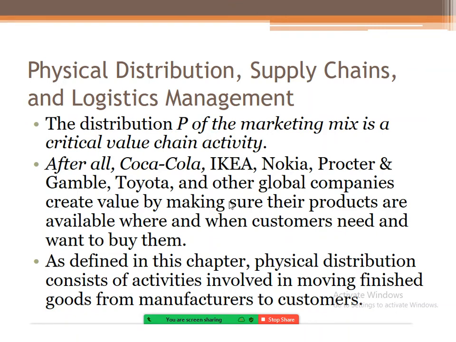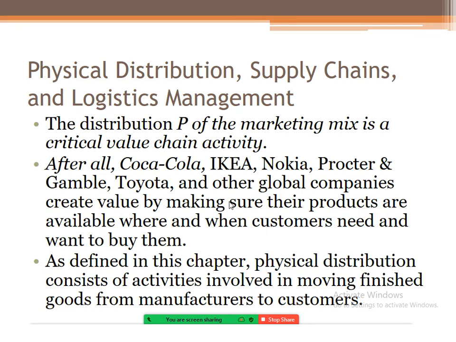We discussed in chapter number one that marketing was described as one of the activities in the firm's value chain. The distribution P of the marketing mix is the critical value chain activity.